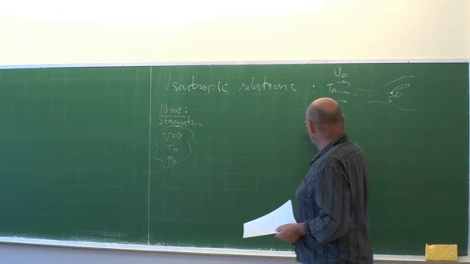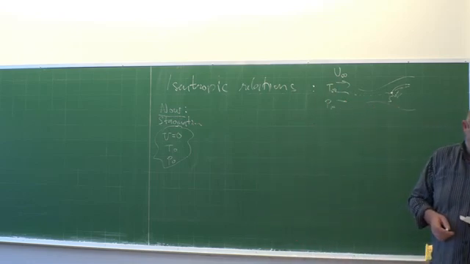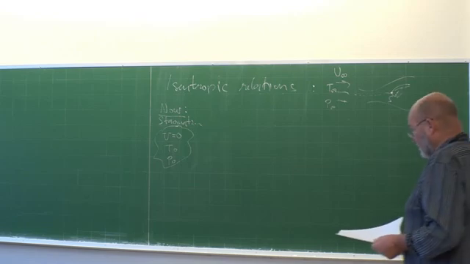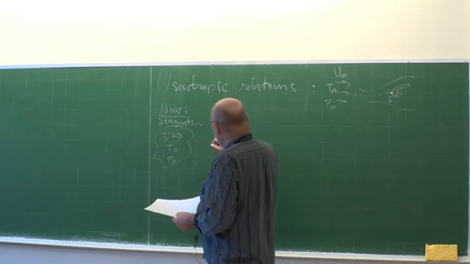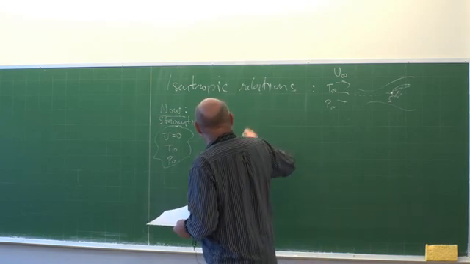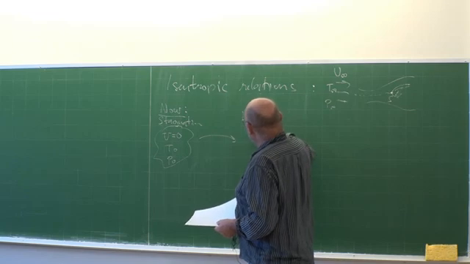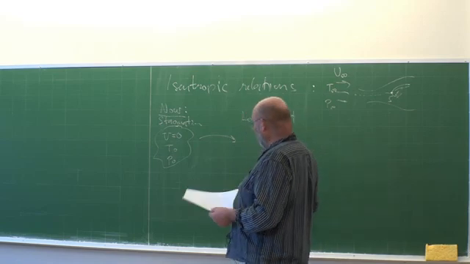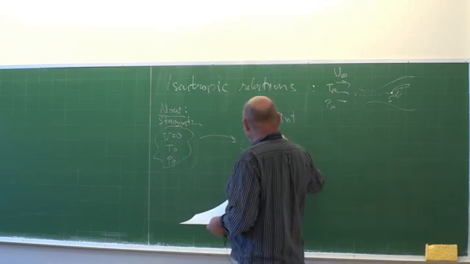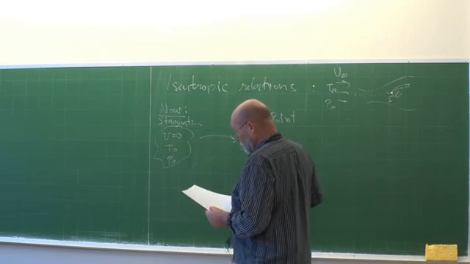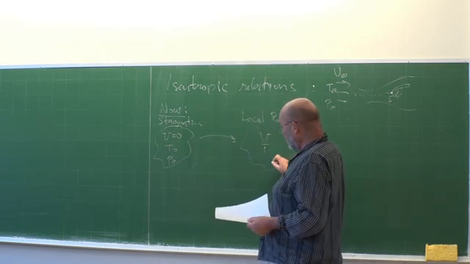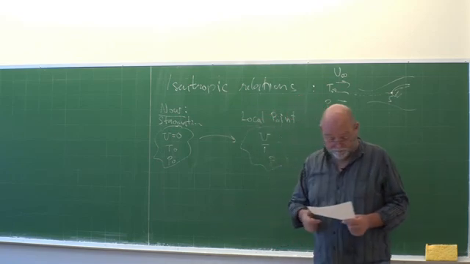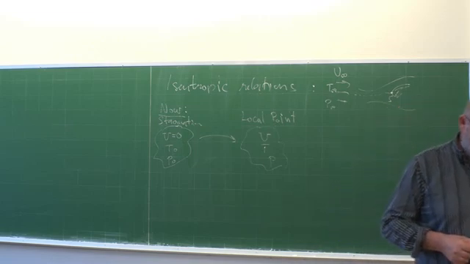If you want to call them infinity, be my guest, it's just a name anyway. And then you go from this stagnation area into a local point in our flow. Inside here we will have a velocity, a temperature, a pressure, and also a density if you like.